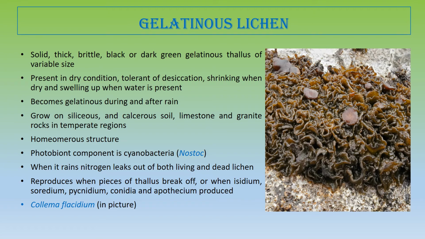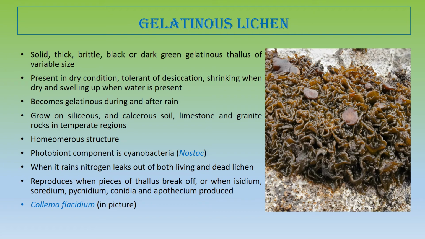Also, this gelatinous lichen is homoiomerous in structure, which means that it has a single layer containing both the algae as well as fungal filaments. The photosynthetic partner is the cyanobacteria, which is mostly Nostoc and Scytonema.